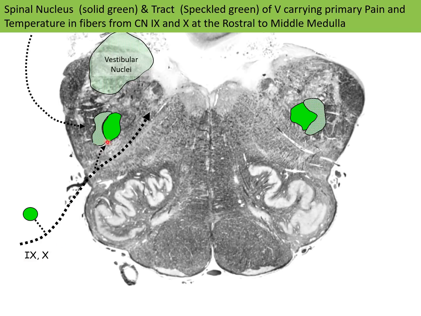We also see here the nucleus and tract of 5 that are generally called the spinal nucleus and tract, carrying pain and temperature, but recognize that 9 and 10 come and join that and differentiate the pain and temperature information from other information that's going to go up to the more medial structures. Recognize also the vestibular nucleus near the dorsal lateral surface of the medulla, important for vestibular function. And the cochlear nuclei have been torn off here, but they'd be represented right out in this position, right next to the cerebellar peduncle.